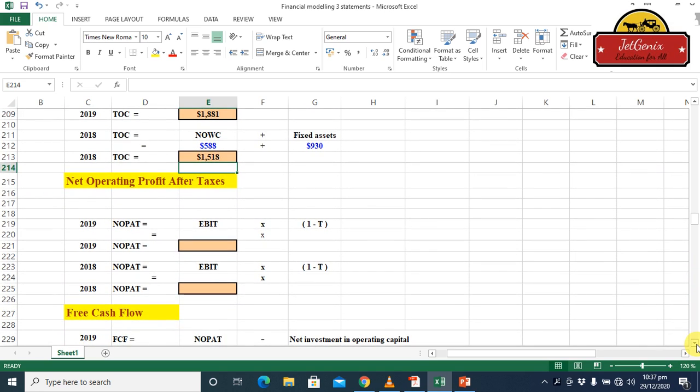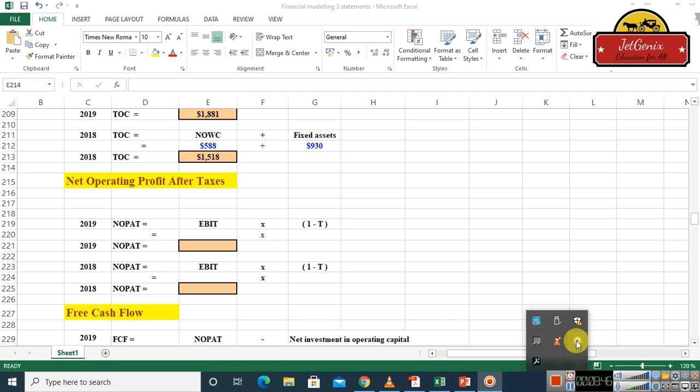Okay, now we can calculate the net operating profit after tax. Now how are we going to calculate the net operating profit after tax for 2019 and 2018? The formula is earnings before interest and tax multiplied by 1 minus tax rate.